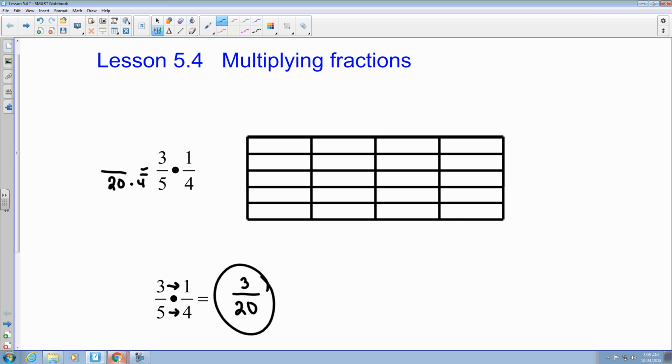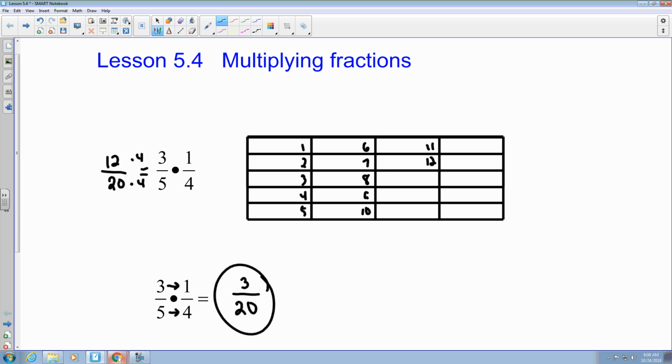I multiplied by 4 here, so I have to multiply by 4 here, and I get 12. So of this whole, I'm only going to look at 12 of those individual rectangles: 1, 2, 3, 4, 5, 6, 7, 8, 9, 10, 11, and 12. Those are the only ones we're going to look at.